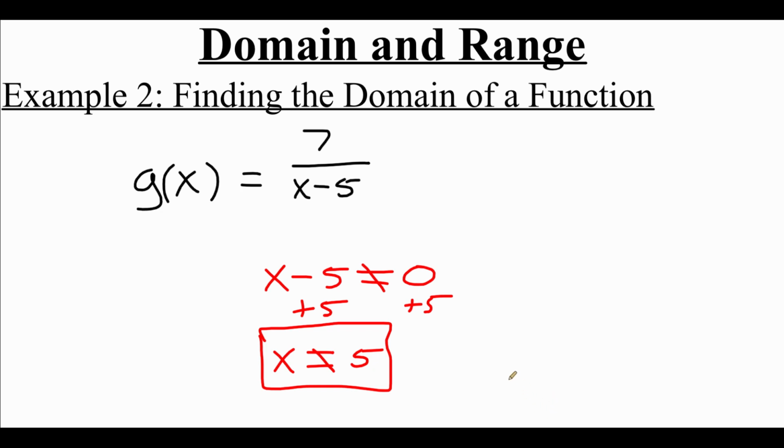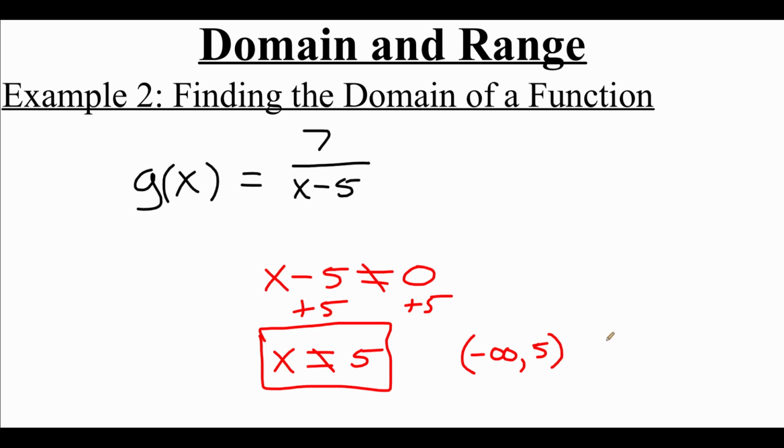Now we can also take this and write this in interval notation. If we think about writing out an interval, we're thinking about starting with the smallest value. And here there is no smallest value, so we're going to start at negative infinity. And then we're going to go until we hit a stopping point. We're going to stop at 5 because 5 is not included in the domain of this function.